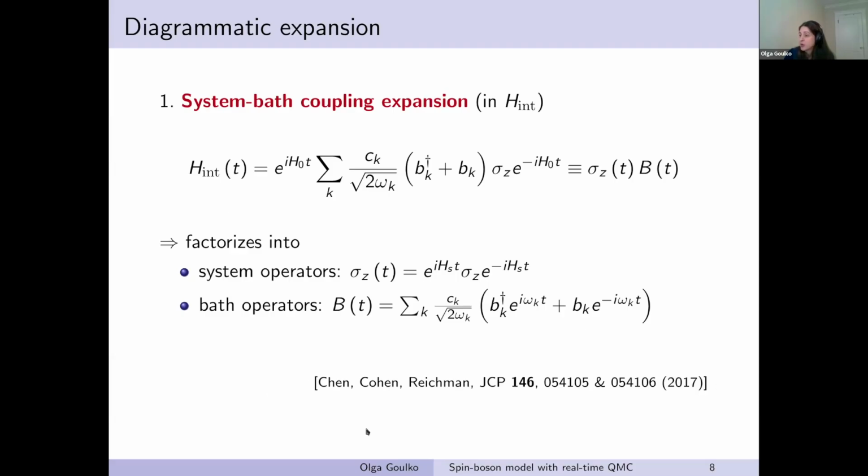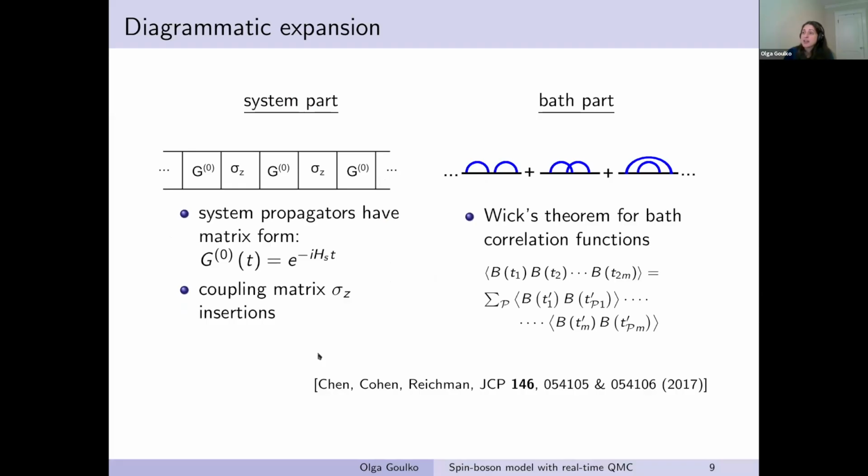And here you can, by the way, see all of the details of these expansions with all the derivations and the corresponding math. So schematically, the system part is quite simple because it contains the sigma z Pauli matrix. We have a product of matrix propagators in matrix form and insertions of the sigma matrix.